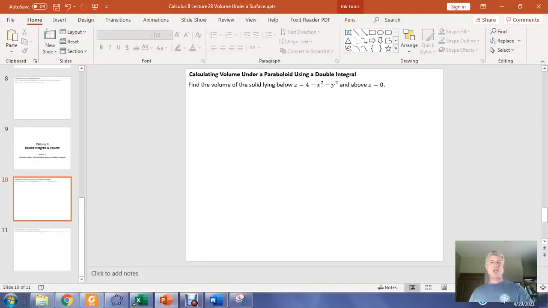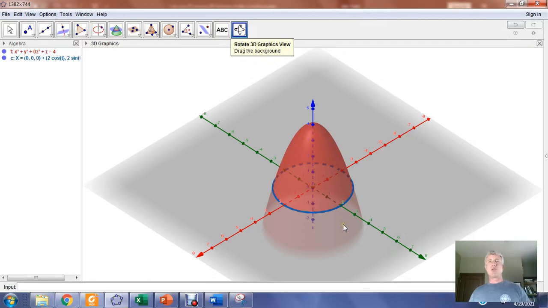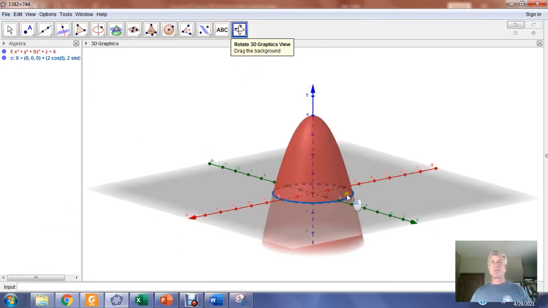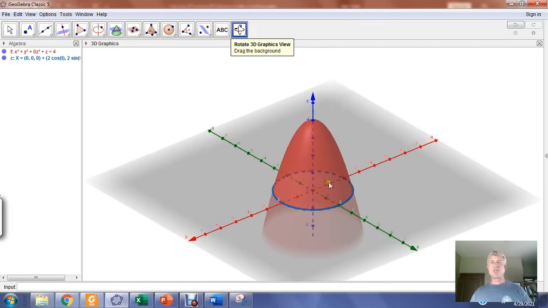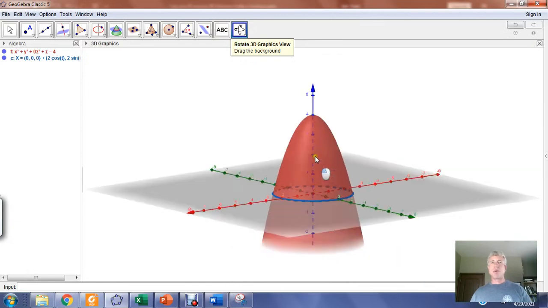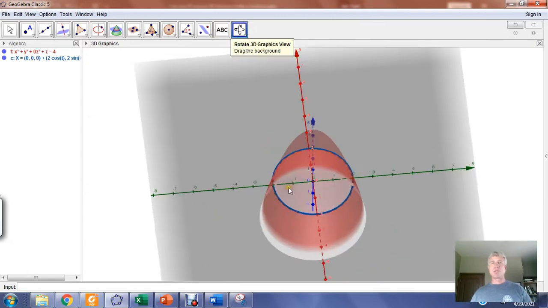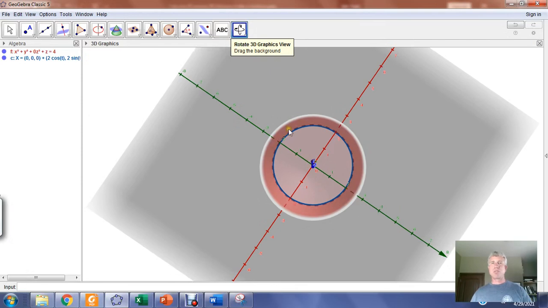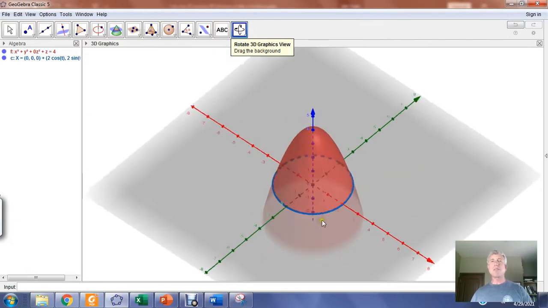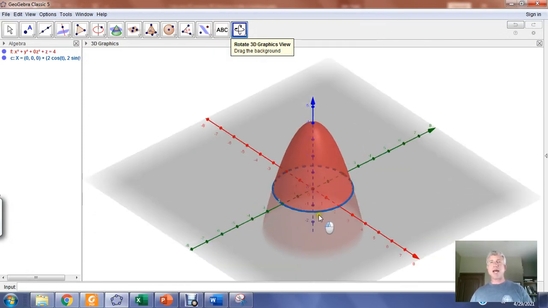So pop into GeoGebra. Here's the paraboloid. Here's my x-axis, my y-axis. The intersection of the paraboloid with the xy plane is this circle here of radius 2. And as you can see, the paraboloid has symmetry with respect to both the yz and the xz planes.